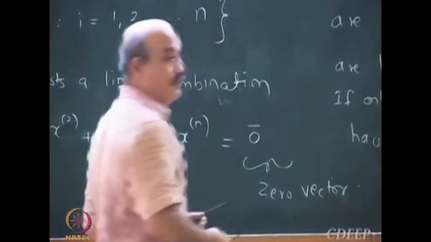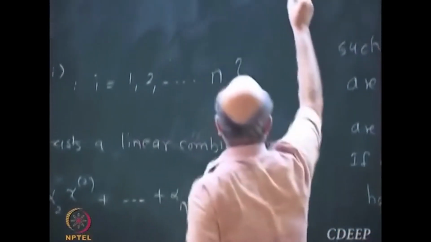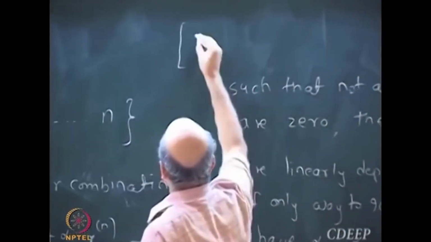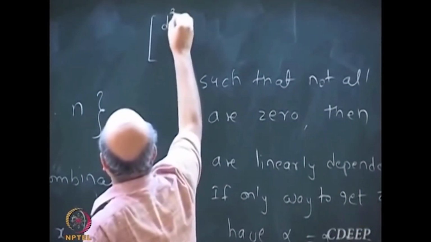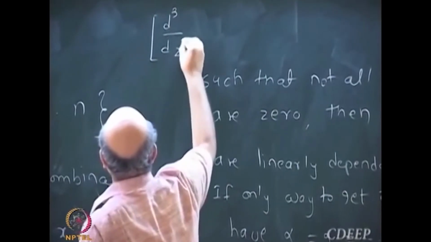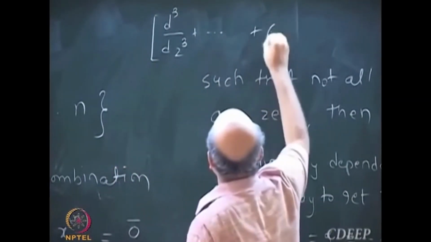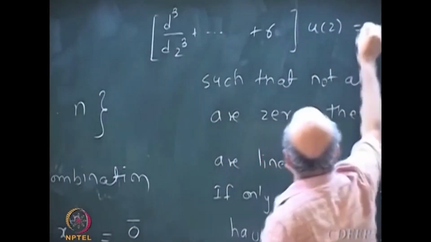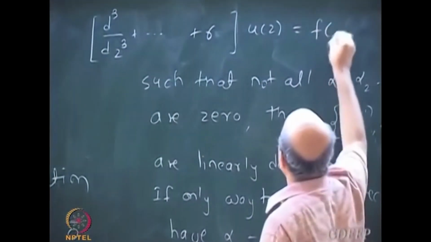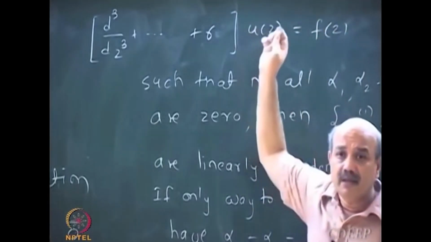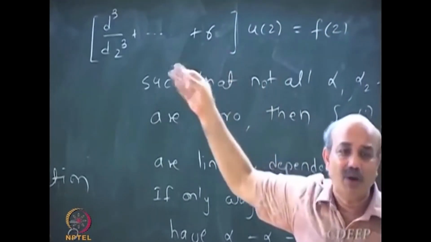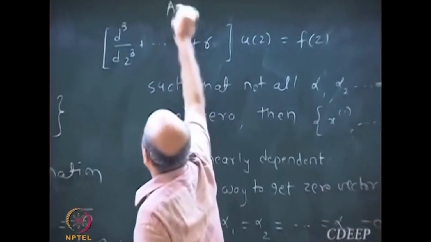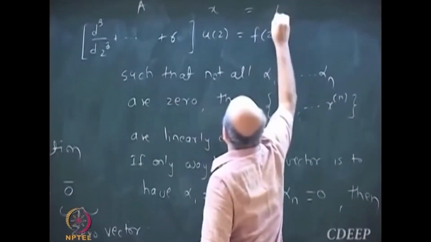Actually, the problem that we talked about, this problem of d3u by dz cube plus something into u of z, if I put this equal to some f of z, this is fundamentally not different from Ax equal to b.